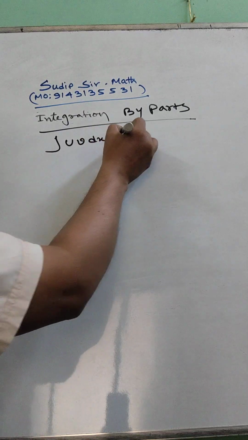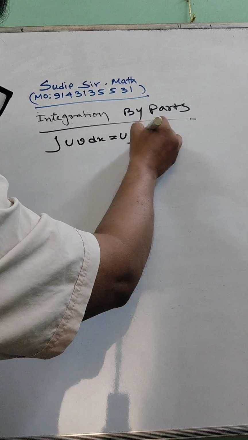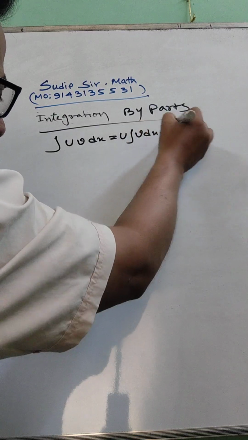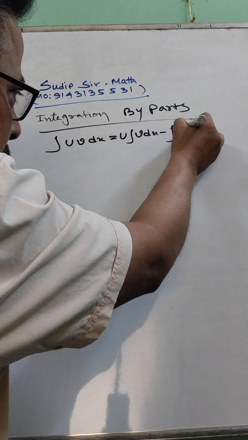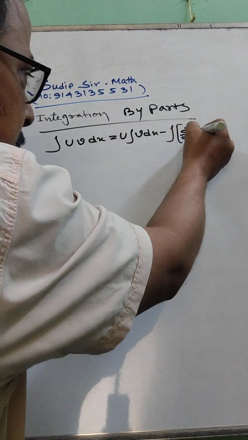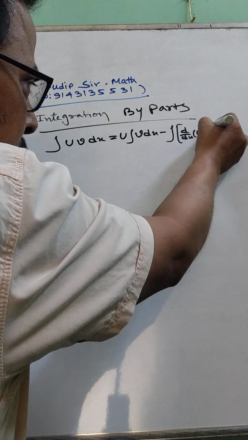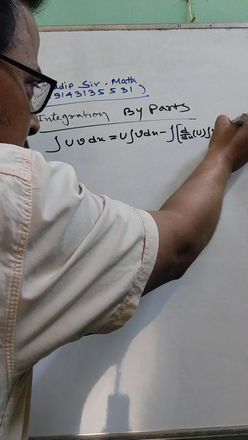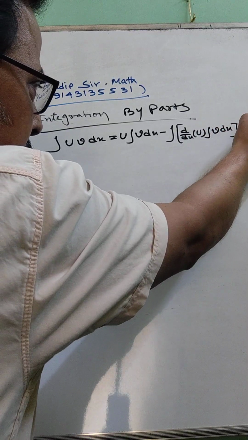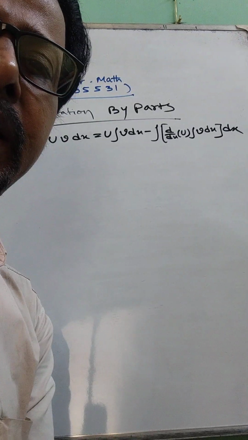Then you have to write U times integration of V dx, minus integration of d/dx of U times integration of V dx, whole dx. So this is integration by parts.